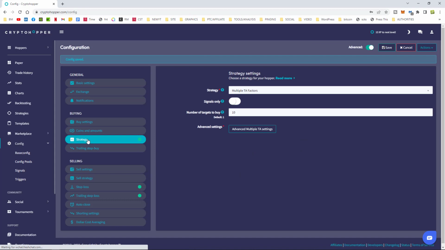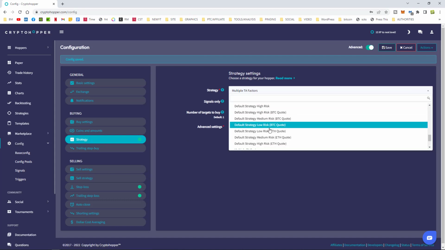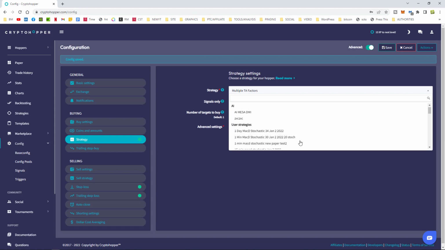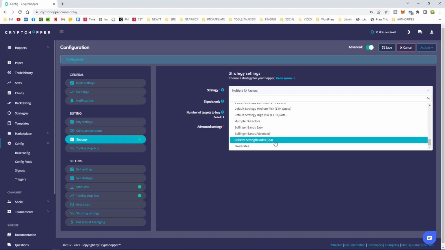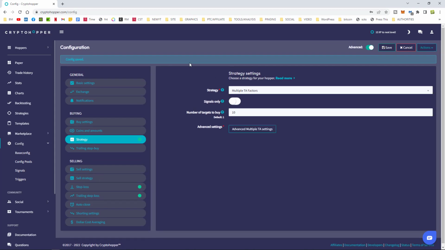Now, next tab, strategy. This is where you set it up to run from Tradingview signals. Now, this is the part where I can't remember exactly what to do, so I'll figure it out. Hang on. Calm down.